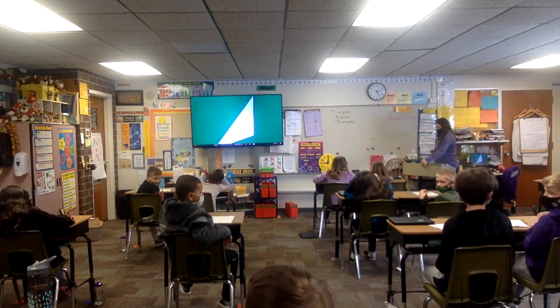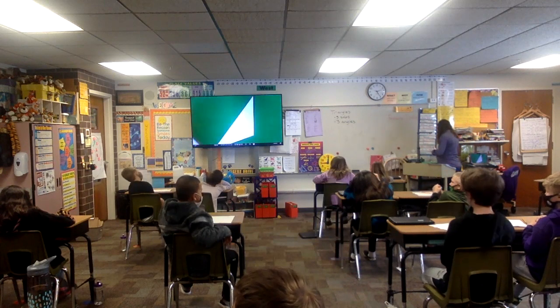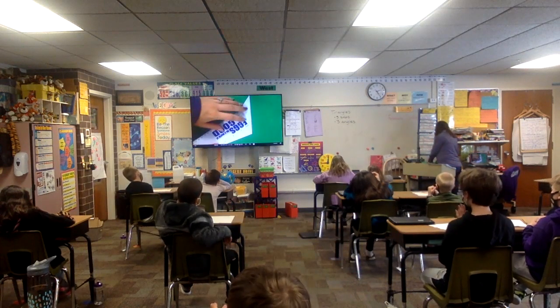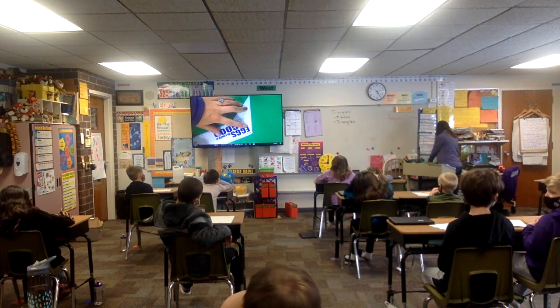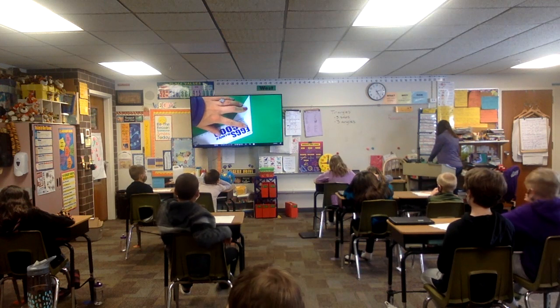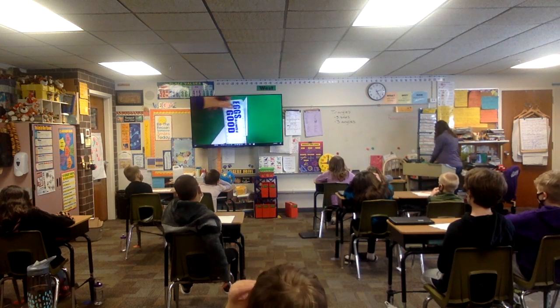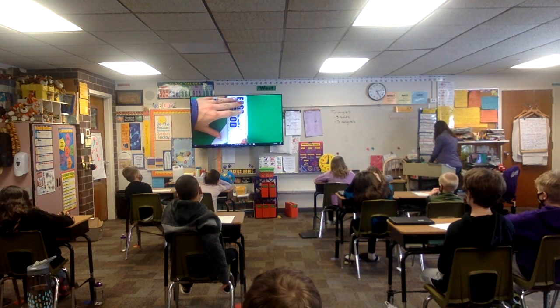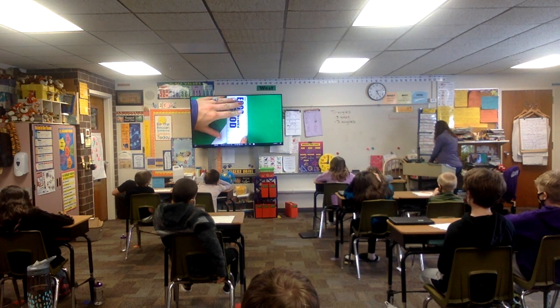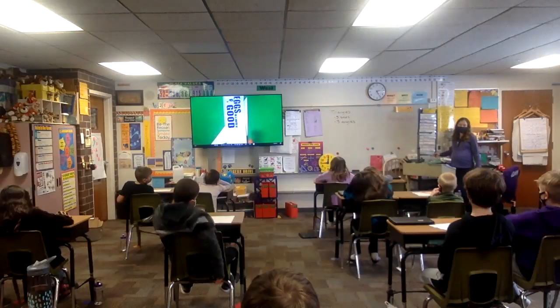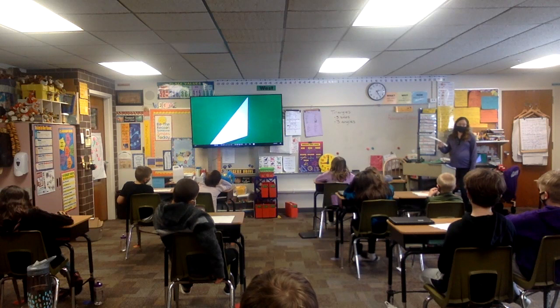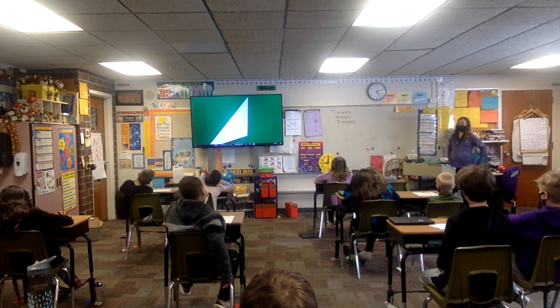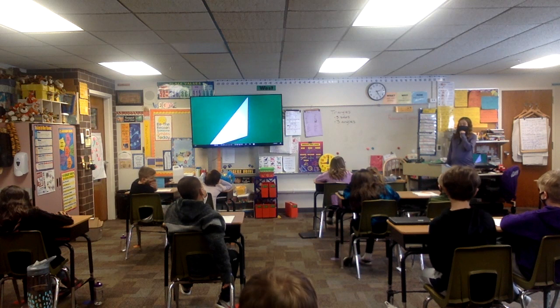But what we could do is take our ruler and measure it in inches. This is about 4 2/8 on that side, and this side is right about 4 2/8, 4 3/8. So if I measured them differently, we would say scalene, right?